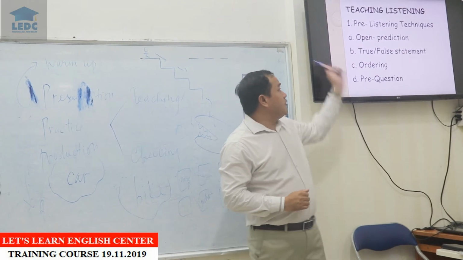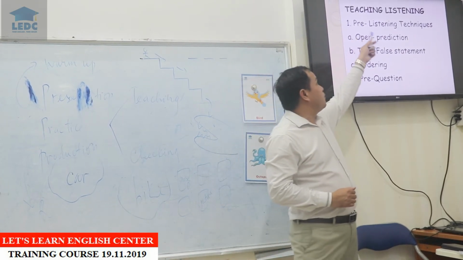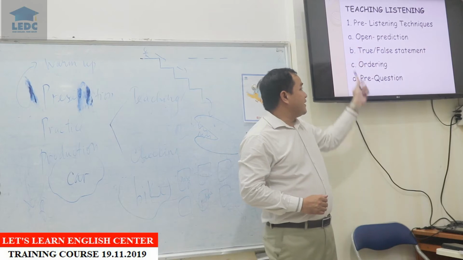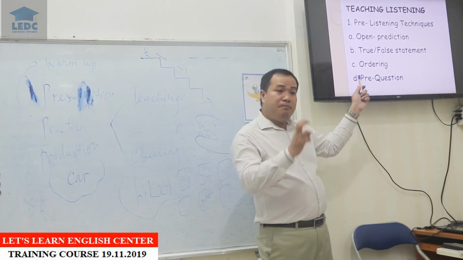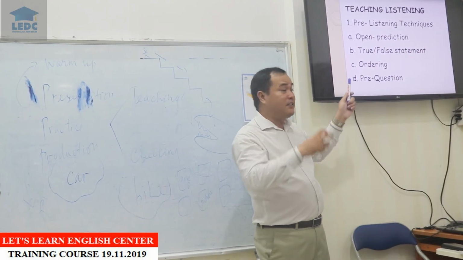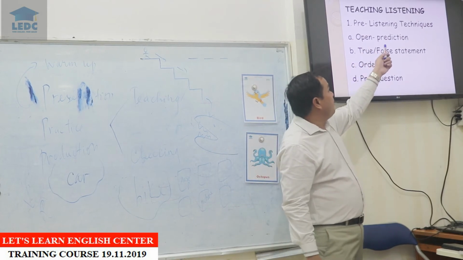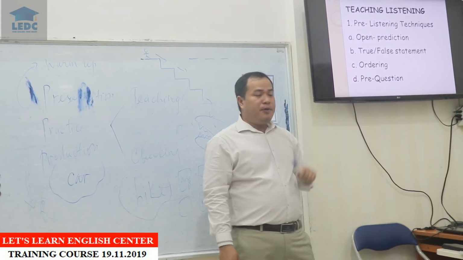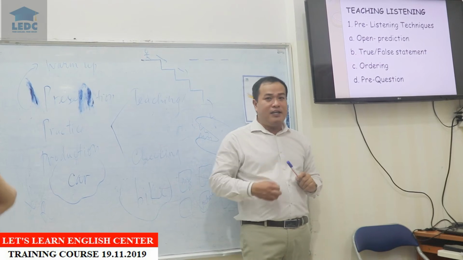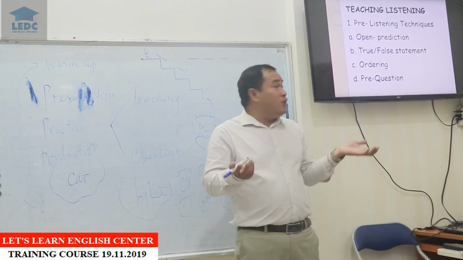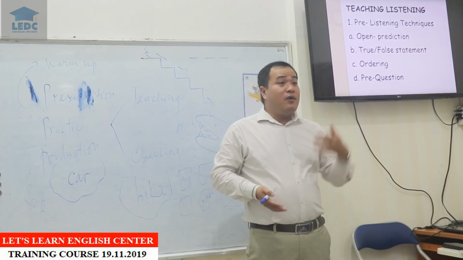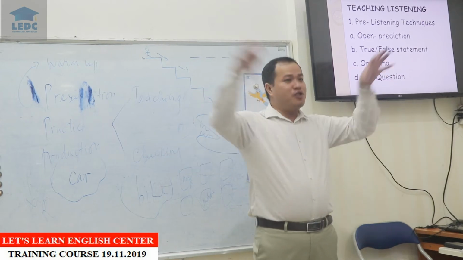Okay, and after you finish this part, you will come to the next. What is it? The activity you will design, or some books design the activity for you. It is open revision. For example, the topic is shopping, and then you can add some questions about shopping.